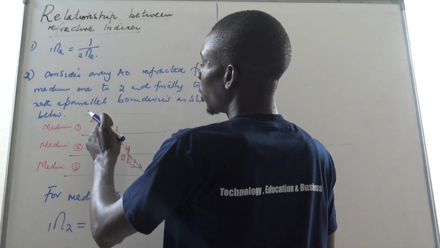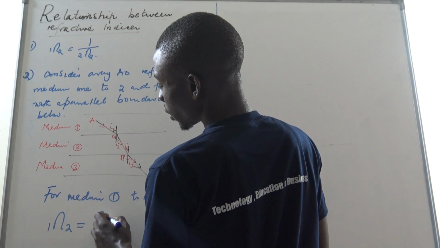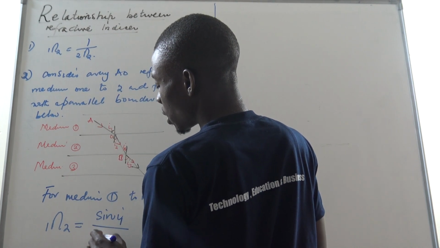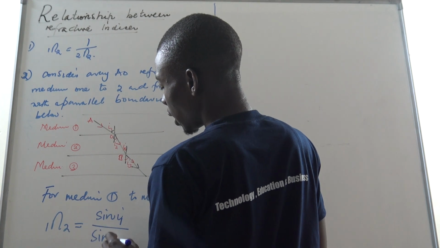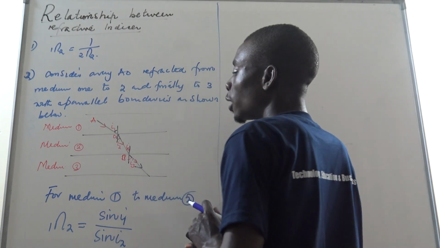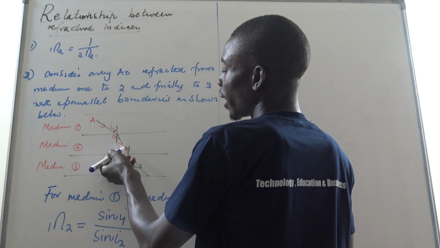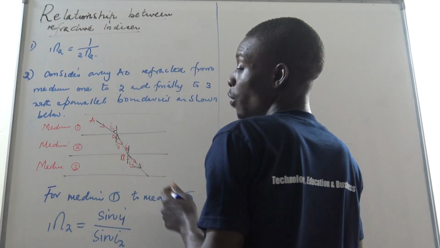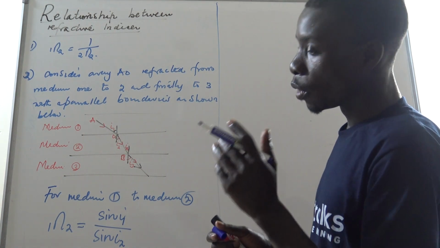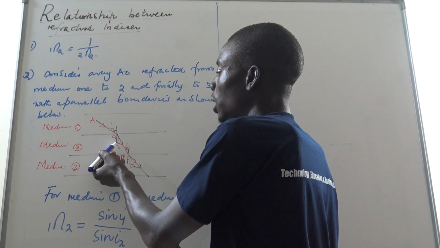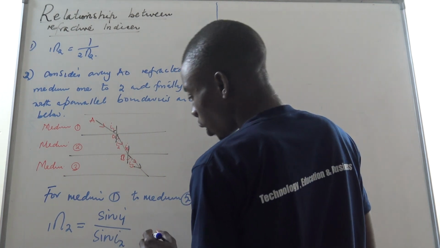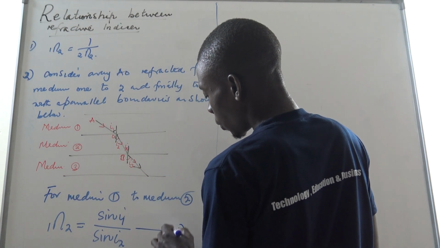If it is traveling from 1 to 2, it will be equal to sine of the angle in 1, which is I1, divided by sine of the angle in the second one, which is I2. This is the angle of incidence in the second one, but it is equal to this one. That's why I'm calling this one I2. Even if you can call it R, put in your mind that this angle is supposed to be the same as that. So I can call this equation 1.